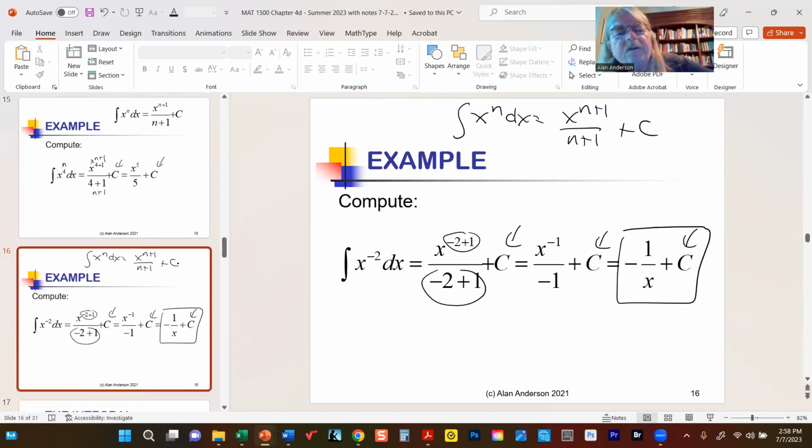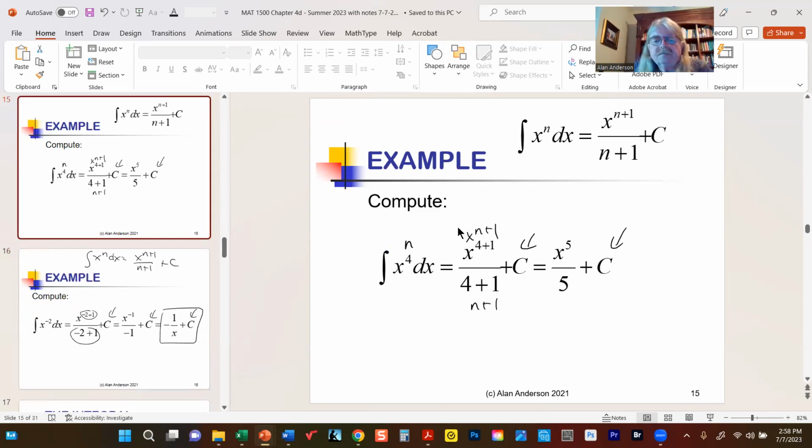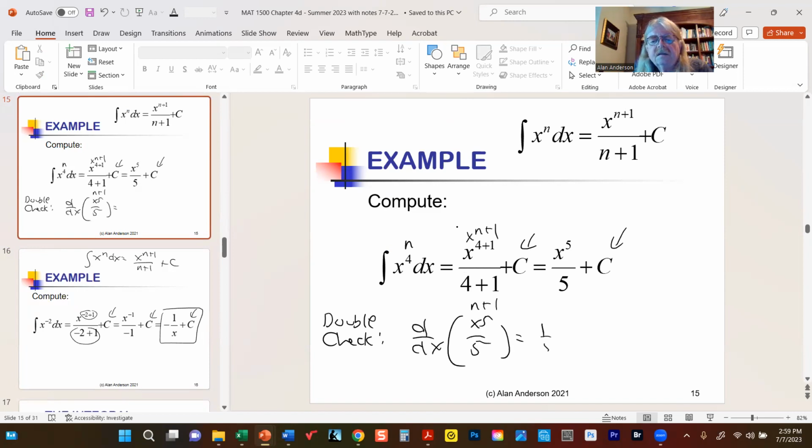By the way, if you're not sure if you've done this correctly, you can double check by taking the derivative of your integral. Like here, for example, you don't have to worry about the constant because we know that the derivative is just 0. Whoops, I did something wrong.